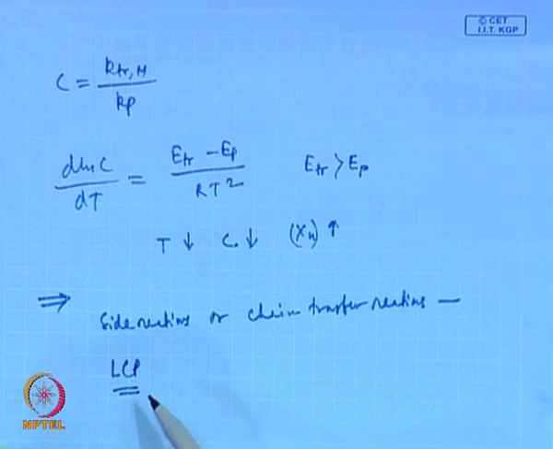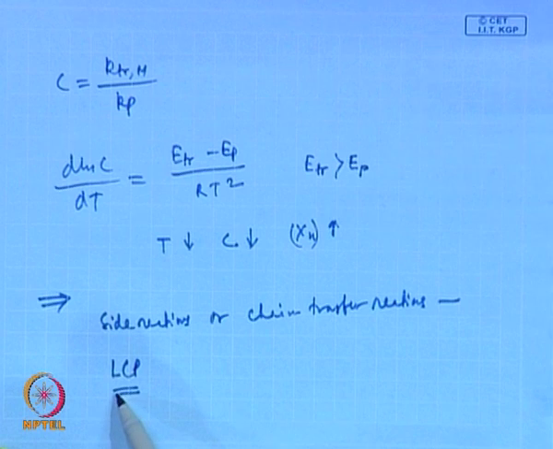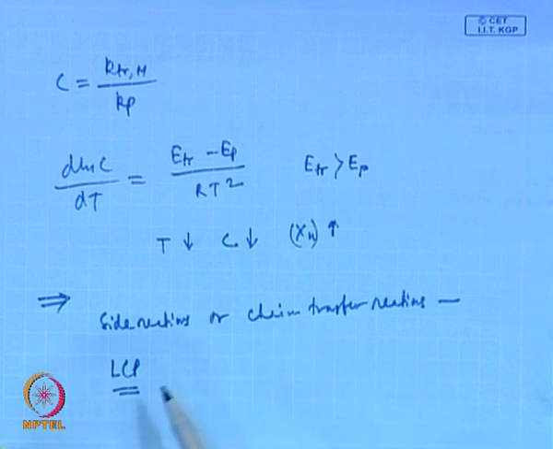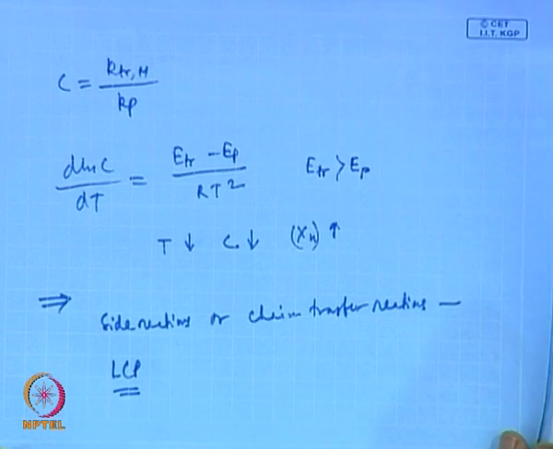We are not going into details about living cationic polymerization in this course, but though it is very difficult in case of cationic polymerization, if in a very careful manner you can do reactions where you minimize the chain transfer reaction and the side reactions, then there is a possibility that you can get a living chain polymerization.